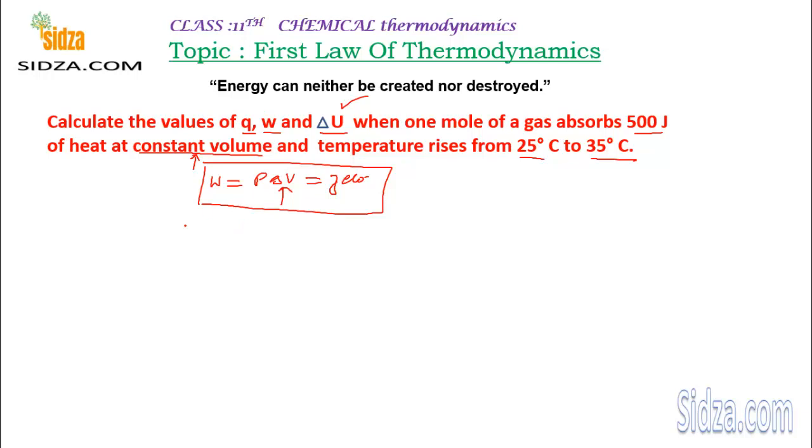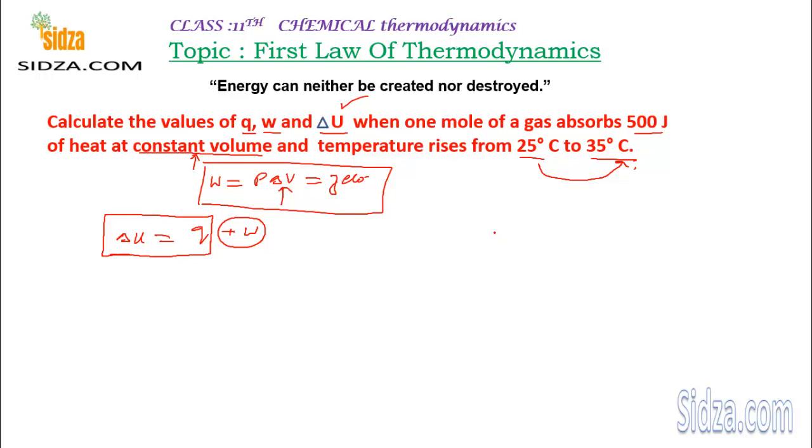So W is 0. From the first law of thermodynamics, internal energy change is equal to Q plus W, and since the work is 0, all the heat given to the system will increase its internal energy. That is why you see the temperature change from 25 to 35 degrees Celsius.